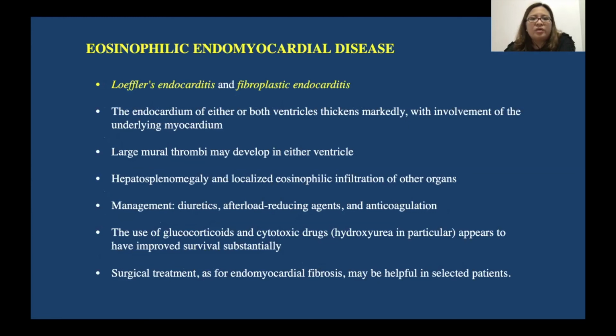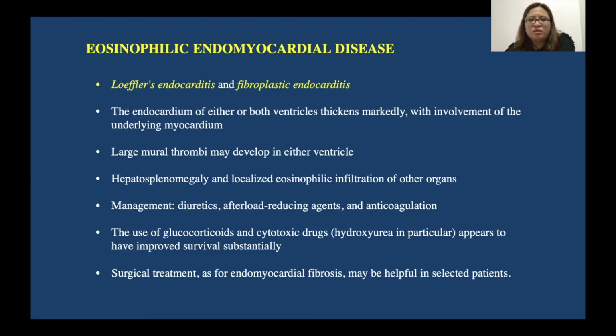So the endocardium of either or both ventricles is markedly thickened with involvement of the underlying myocardium. There is a large mural thrombus on either ventricle. There is hepatosplenomegaly and localized eosinophilic infiltration of other organs.